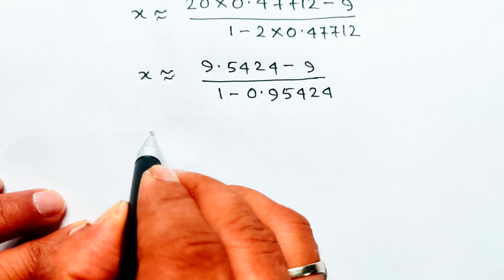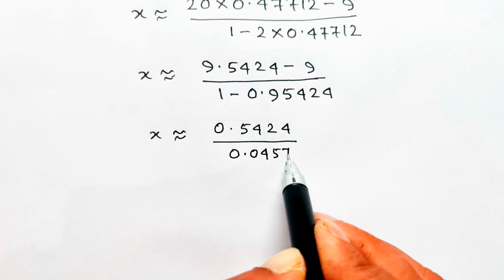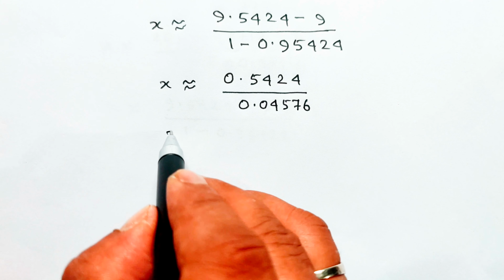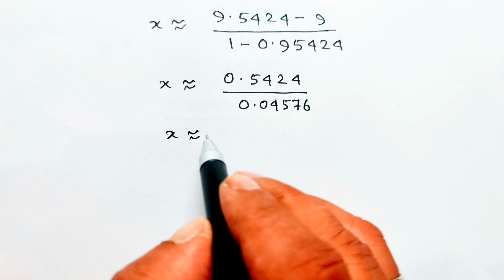Then x approximately 9.5424 minus 9 equal 0.5424 divided by 1 minus 0.95424 equal 0.04576.